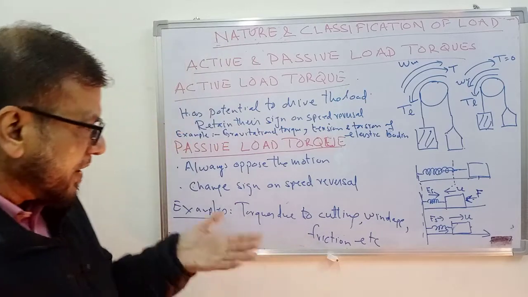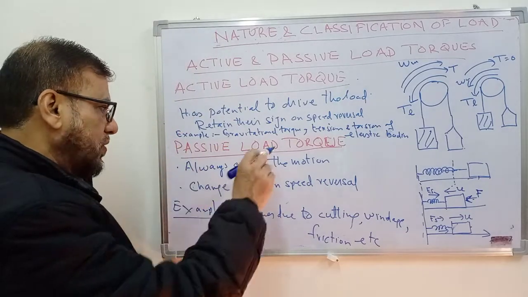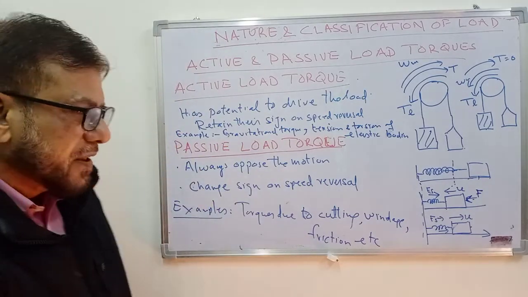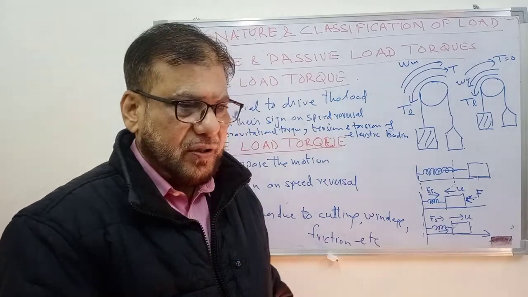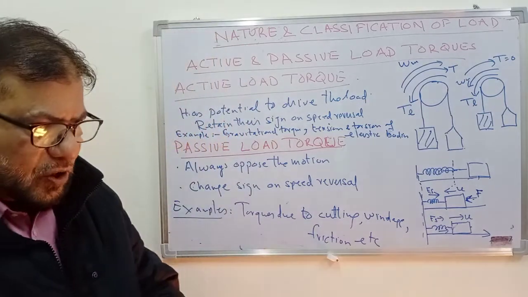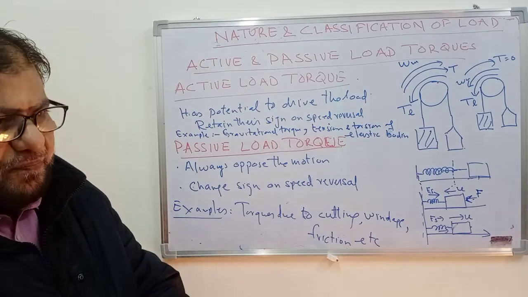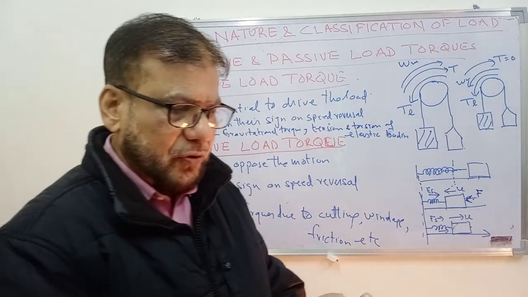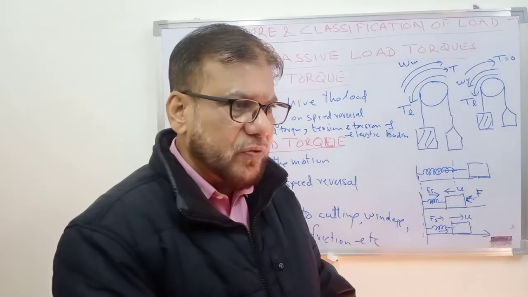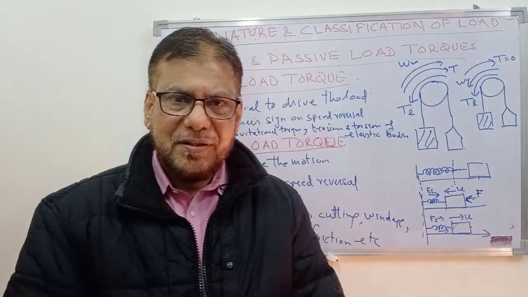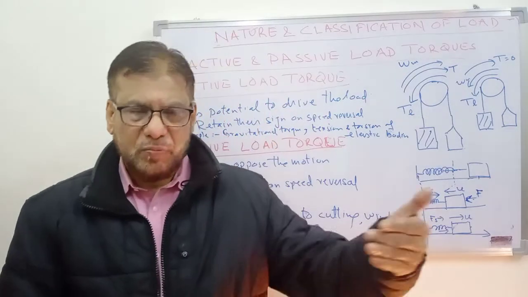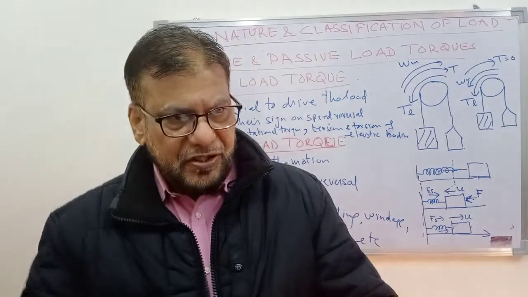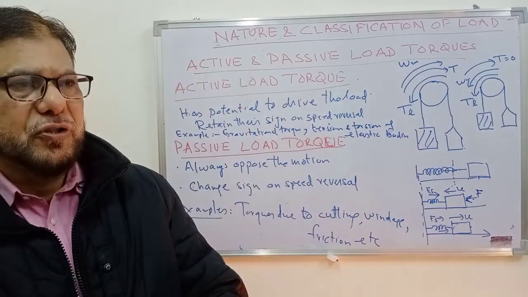The other and the more common load torques are passive load torques, which always oppose the motion. If you have to move some object from one position to the other position, you have to apply a force. If you want to move the object in the other direction, the force has to be reversed, and the friction force will also oppose the motion.